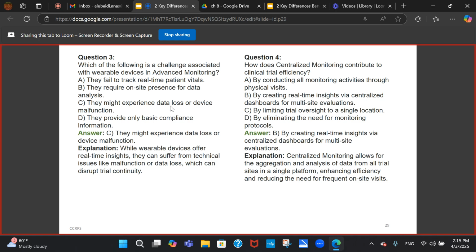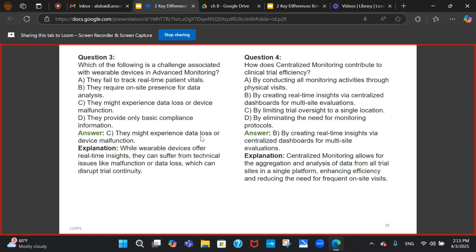D, they provide only basic compliance information. So if we think about it, we are talking about high-tech devices, right? So as with any high-tech device, we might experience data loss or device malfunction. So C.